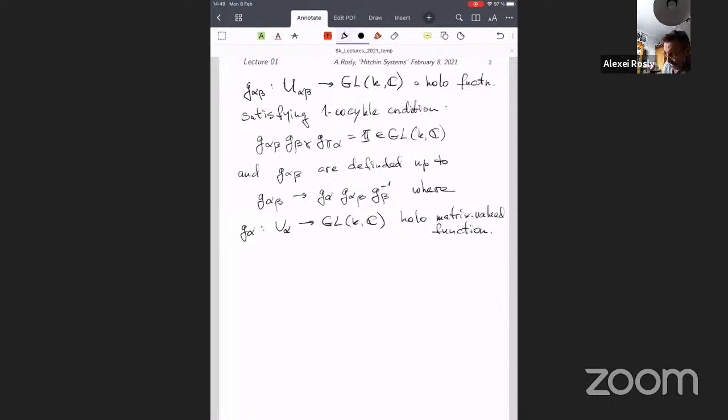And now we say that any set of transition functions satisfying the cocycle condition defines a holomorphic vector bundle, and those which differ by a gauge transformation define isomorphic bundles.